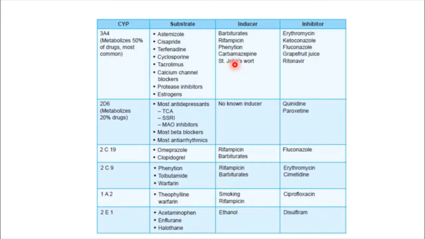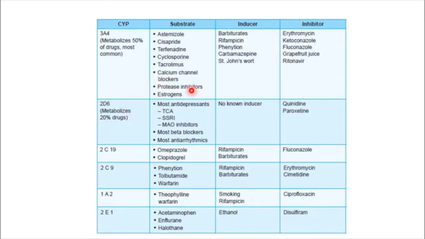In other cases, a drug which has the ability to inhibit the metabolic activity of this group of enzymes, like erythromycin, ketoconazole, fluconazole, grapefruit, or ritonavir, when co-administered with one of the substrates, the plasma concentration of the substrate might be higher than expected, or sometimes might exceed the minimum toxic concentration, and therefore might cause toxicity or adverse effects due to this drug interaction.